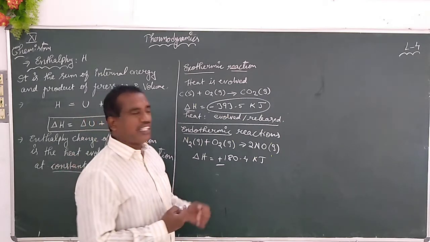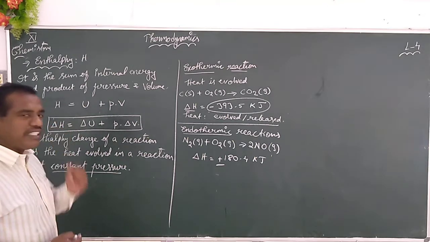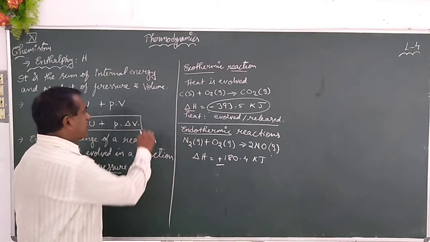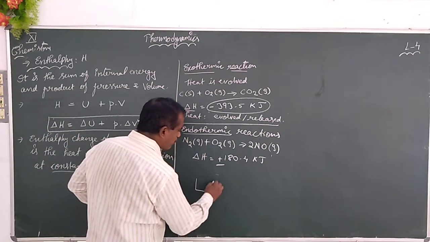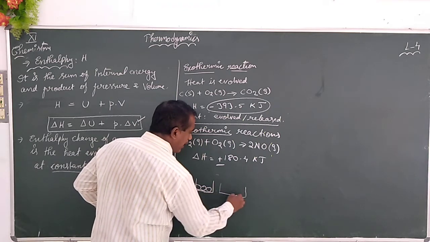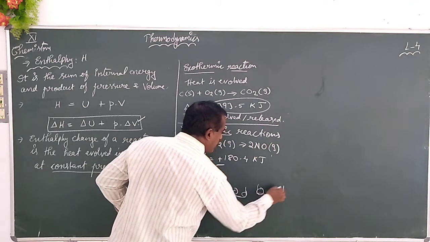Generally, with the change in enthalpy and the change in internal energy, we can observe the change in volume. For example, you have some solid, some liquid, and some gas.